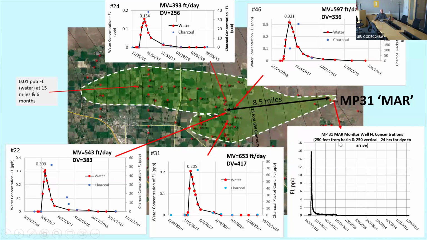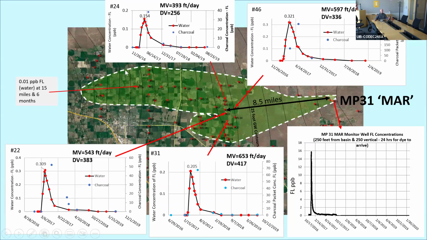In fact, the first arrival of dye in a well that's 250 feet horizontal and 250 feet down to the water table after we released dye took just 24 hours. So that's basically through the vadose zone of 250 feet of basalts.